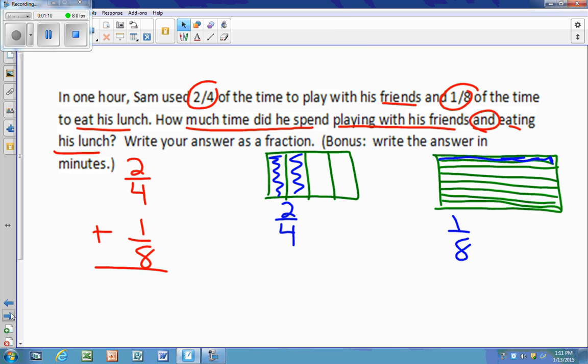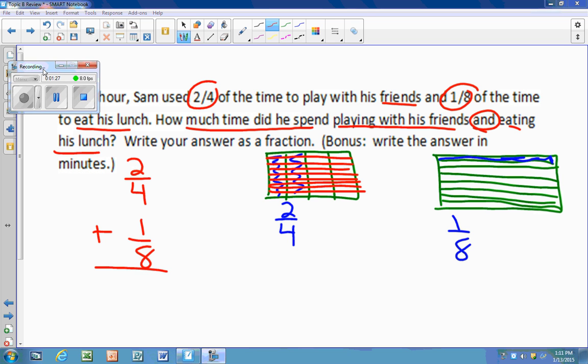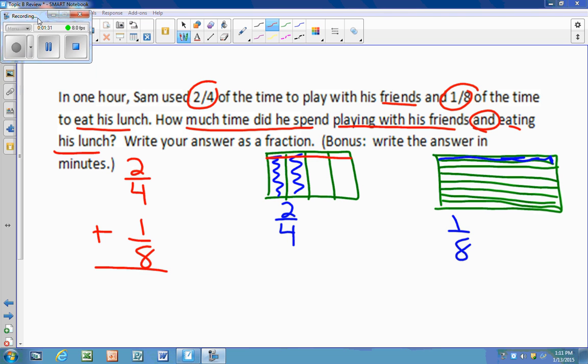And now we're going to take this and split it in the opposite direction. We're going to resplit that again, and split this into fourths.